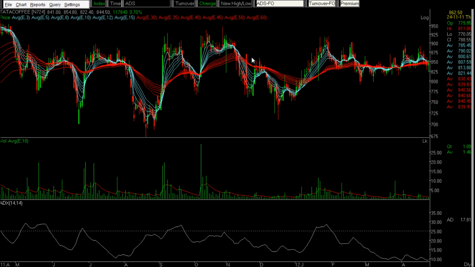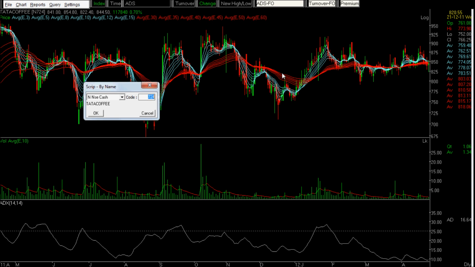There are frequent contractions of these lines. I am only looking for a trade where these lines are expanding, and they are expanding continuously. I don't want contractions every few days. I will avoid such stocks. These are not trader-friendly stocks. You are bound to have losses every few days.